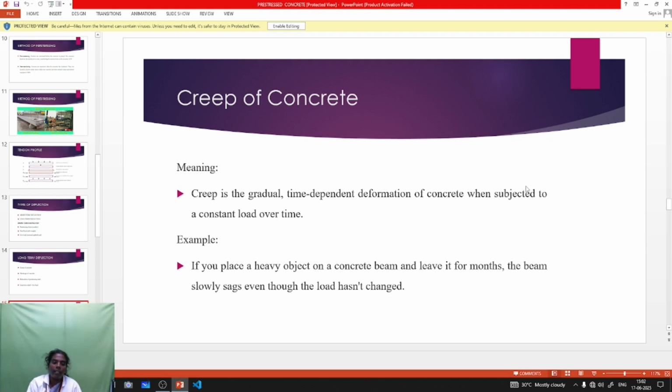So you get the creep deflection. Example, if you place a heavy object on a concrete beam and leave it for a month or 5 months or 10 months, after that the beam slowly sags downward, though the load has not been changed. The load is constant. So it is the time dependent one.